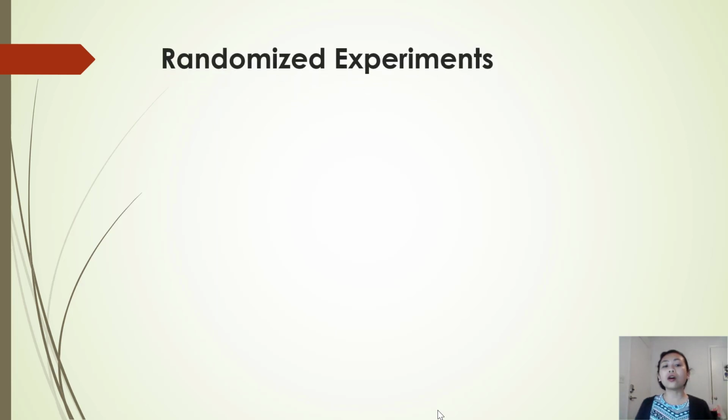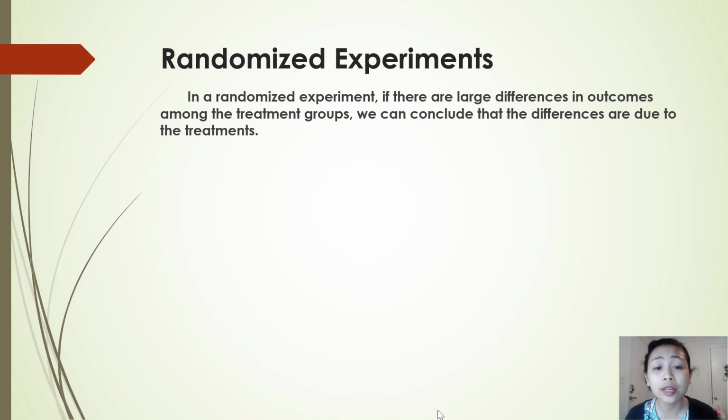Now we are going to talk about randomized experiments. In a randomized experiment, if there are large differences in outcomes among the treatment groups, we can conclude that the differences are due to the treatment. For example, if you are interested in comparing two types of vitamin, you are going to assign these two vitamins to two groups.